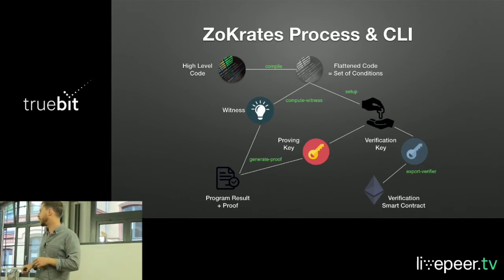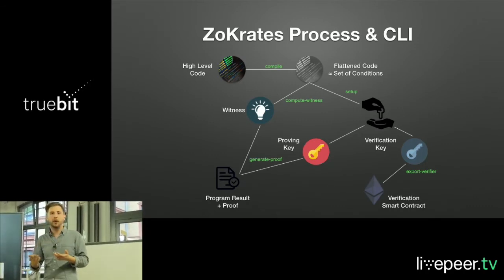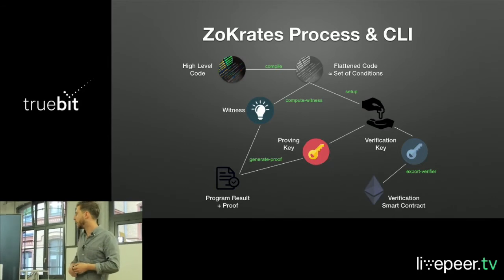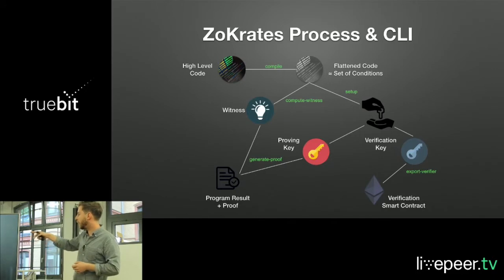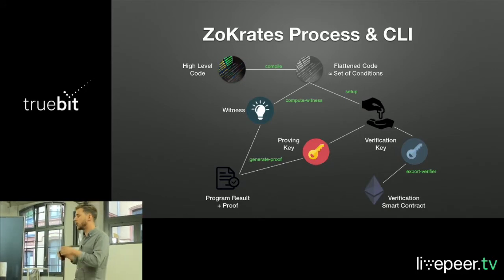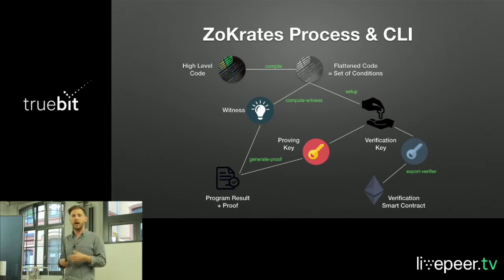Based on the flattened code, you can also execute the program, and here it's called to compute a witness because it means finding a satisfying variable assignment. Together with a witness and a proving key, you can then generate a proof which attests that you computed your high-level program correctly and that the output actually equals what you published with the proof.